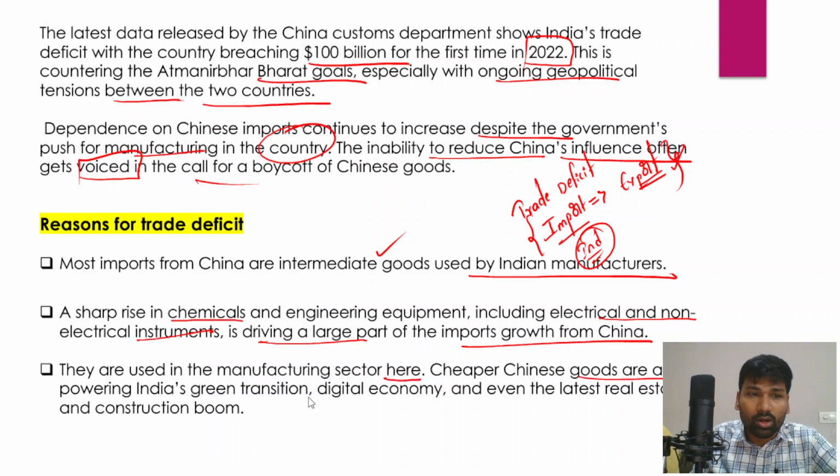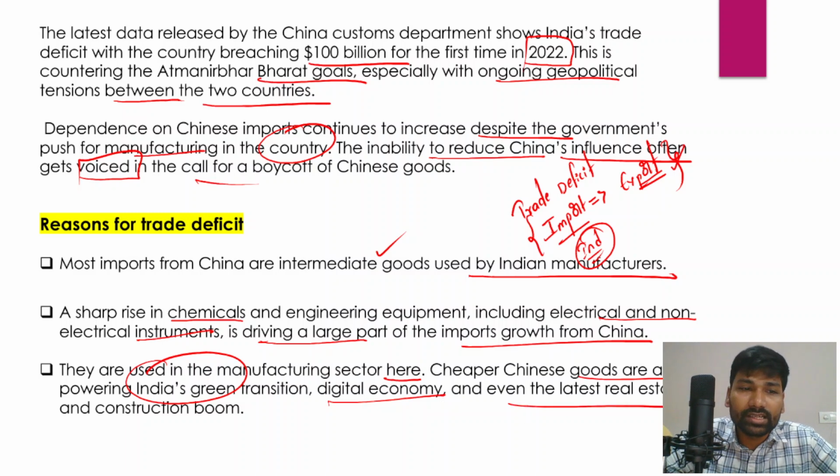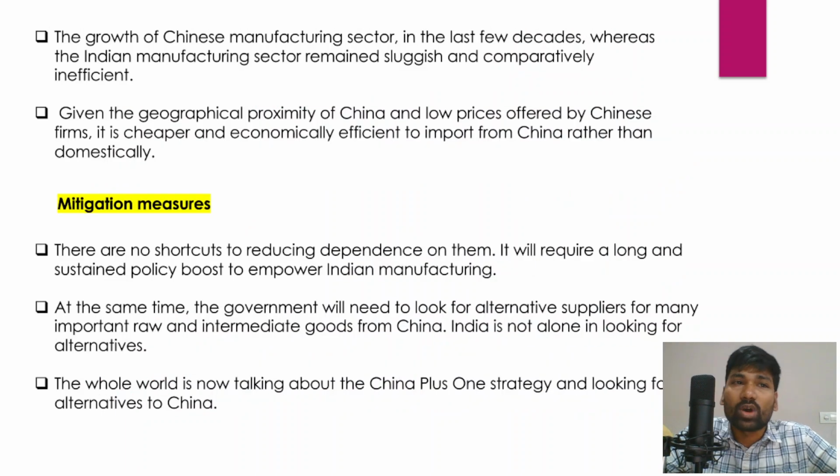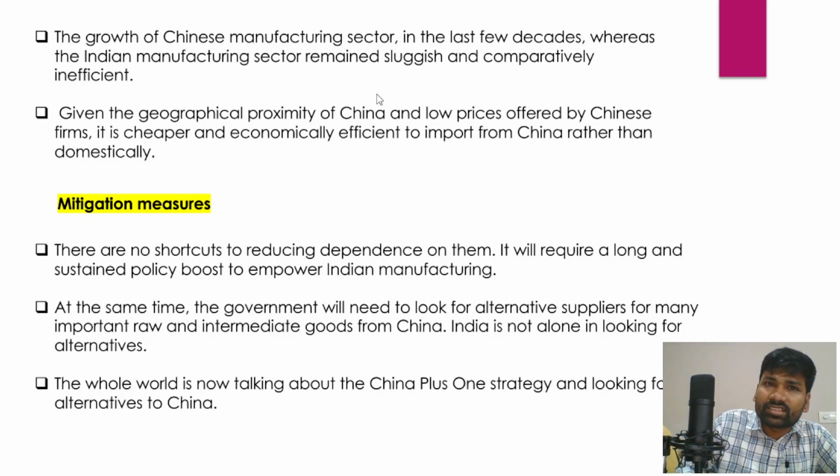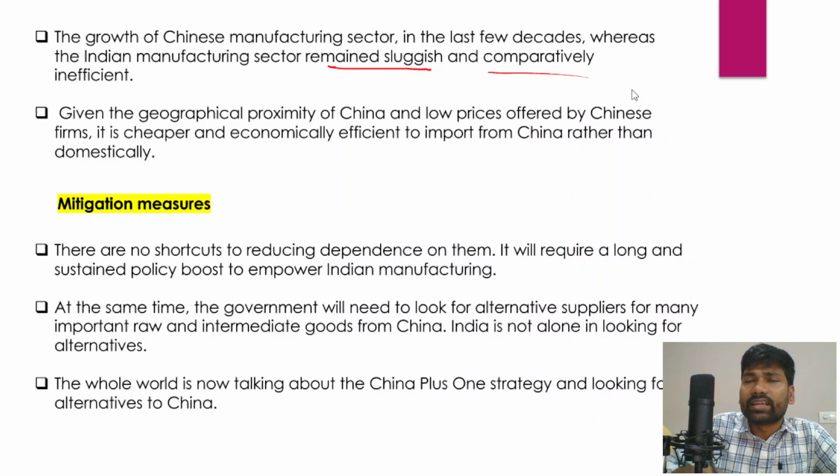Cheaper Chinese goods are also powering India's green transition, digital economy, and even the latest real estate and construction boom as well. However, if you look at the manufacturing sector in China in the last few decades, there has been substantial growth, whereas the Indian manufacturing sector has remained sluggish and even comparatively inefficient when we make comparisons between China and India's manufacturing.